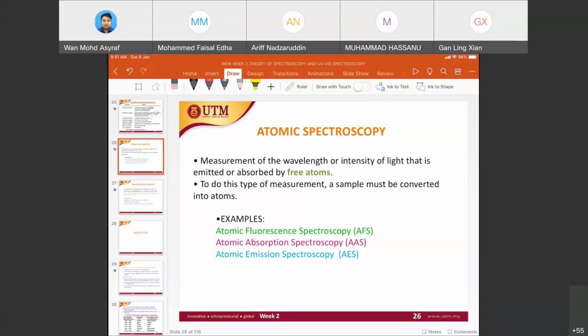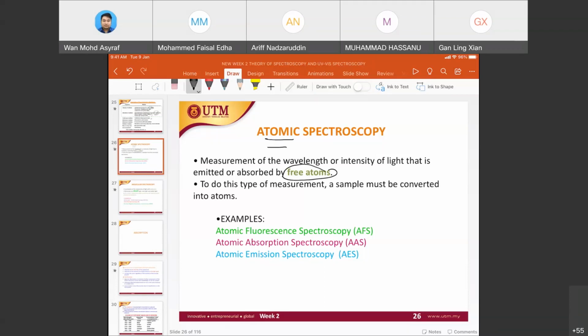Alright, so maybe if I can finish the last two slides. Atomic spectroscopy is the measurement of wavelength or intensity that is emitted or absorbed by free atoms. So it goes with the name, atomic spectroscopy.